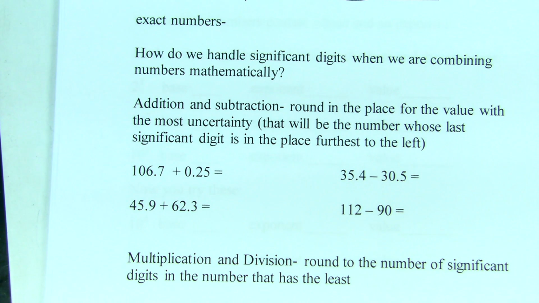So the next thing that we're going to look at is the use of exact numbers. When we're talking about significant figures, they are for measured values. When we're going out and we're measuring and we're getting all the digits we're sure of and one with some uncertainty. But there are other kinds of numbers that are exact numbers.